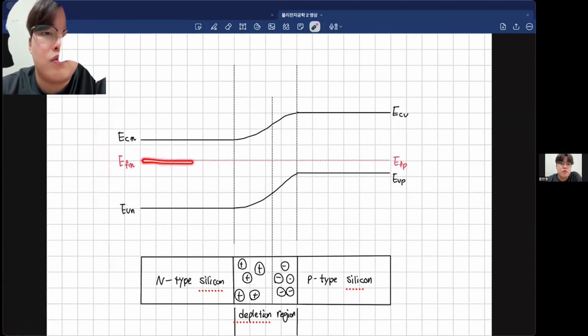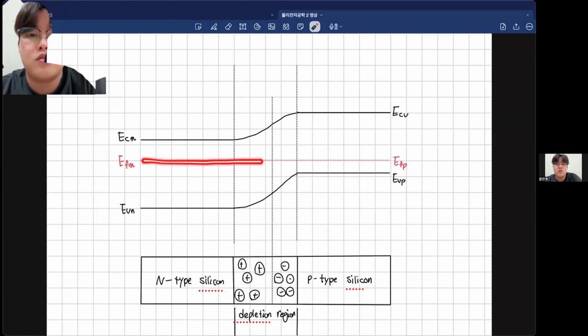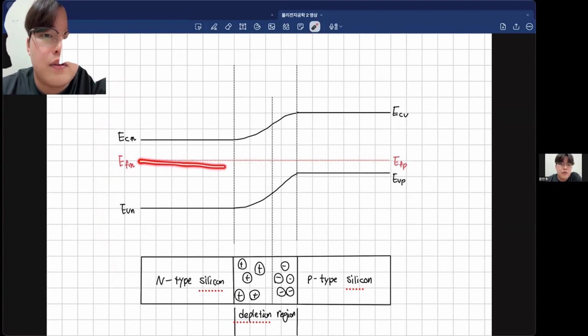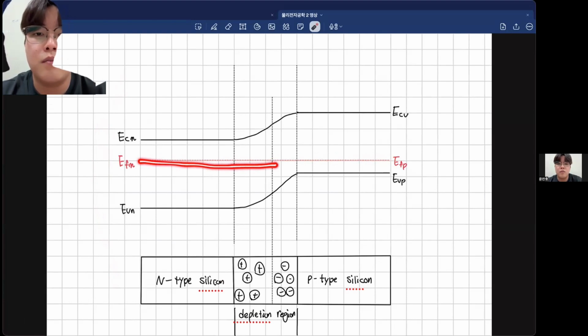We have to draw the PN junction diagram with a constant Fermi level, because if the Fermi level in the N-type and P-type semiconductor is not constant, it means there will be a diffusion current. So we have to draw the Fermi level constant.